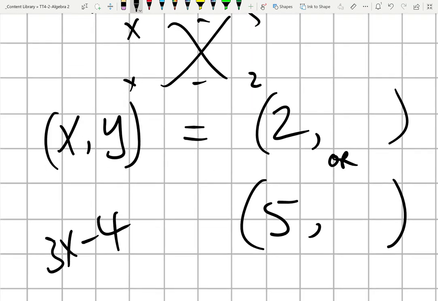Three twos are 6 take 4. 3 fives are 15 take 4.